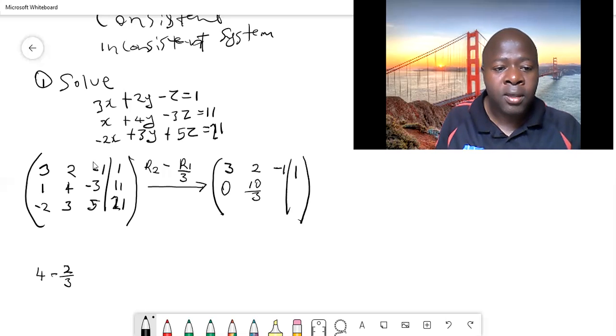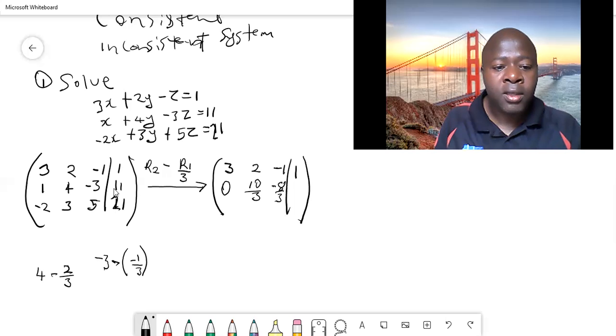And then in this position, divided by 3, I have negative 1 over 3. And then subtracted from row 2, which is negative 3. You realize that this negative and this negative will be positive. So I have negative 9 plus 1, which will be negative 8 over 3.